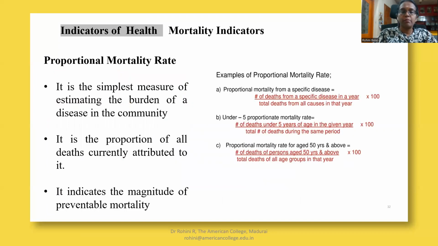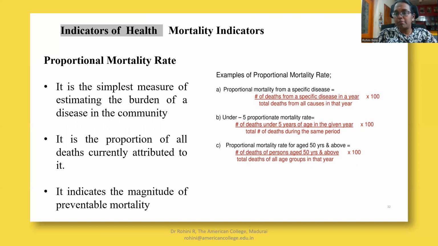And the proportional mortality rate is the simplest measure of estimating the burden of disease in the community. It is the proportion of all deaths currently attributed to it. It indicates the magnitude of preventable mortality.